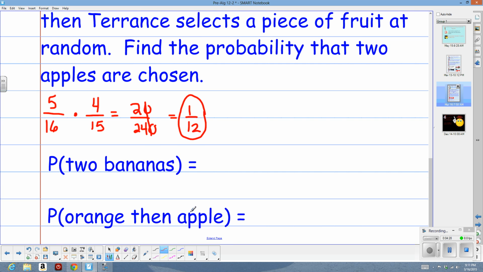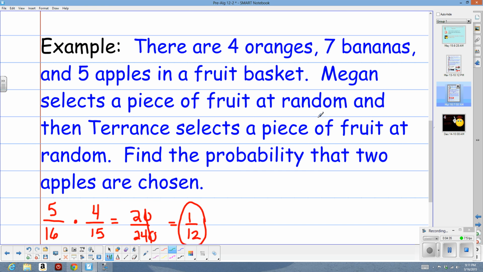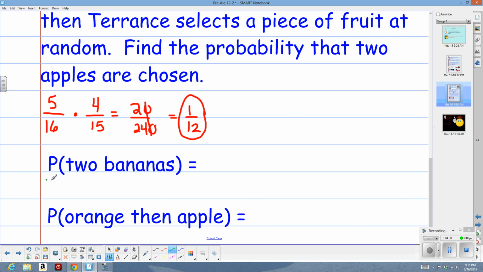Now with that same fruit basket, if we were to figure out the probability of 2 bananas, well, there are 7 bananas in the fruit basket out of 16 pieces of fruit to start. So if that's chosen, then the probability of getting another banana, there would only be 6 bananas for the second grab out of 15 pieces of fruit. 7 times 6 is 42, and 16 times 15 is 240.